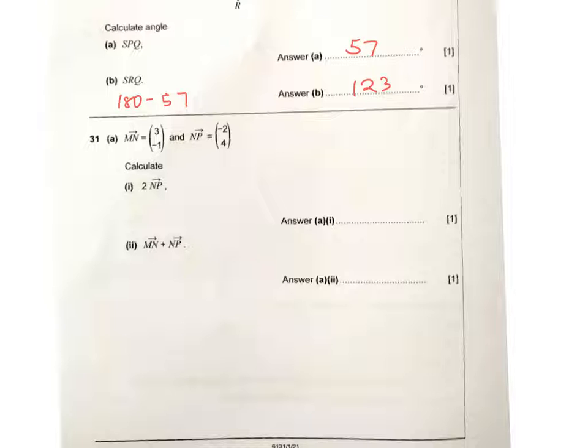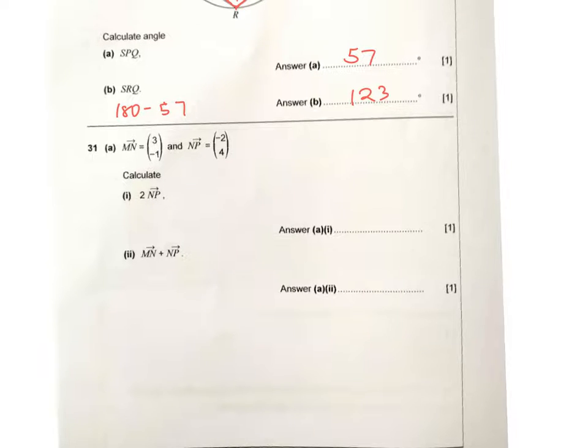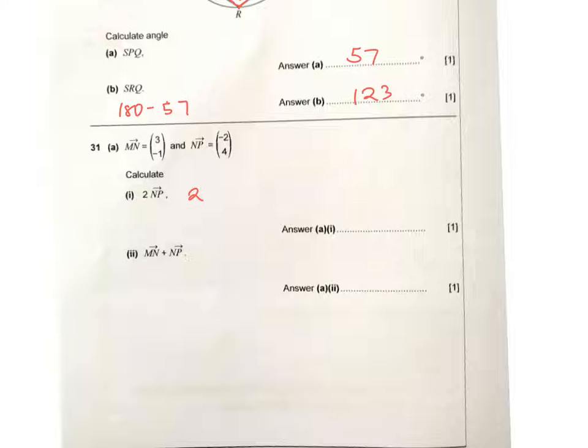31a, we are given the vector MN as (3, -1), and the vector NP as (-2, 4). Calculate twice NP. Twice NP means multiply NP by 2. So you multiply both numbers by 2: 2 times -2 is -4, and 2 times 4 is 8.